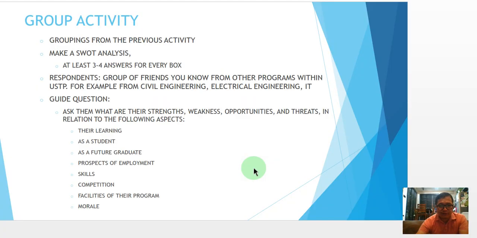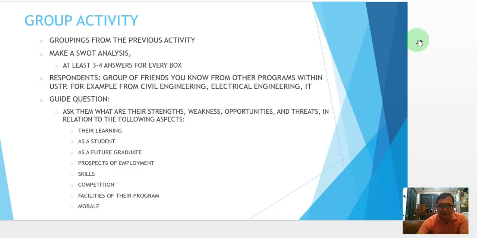Okay, so I think this is an activity. This was prepared by the cluster for community development. So you have to do the same grouping. You have to make a SWOT analysis.